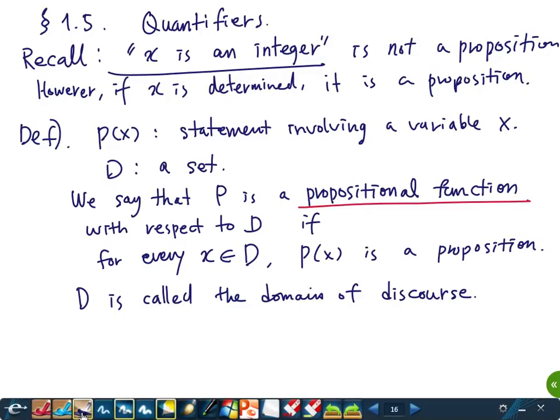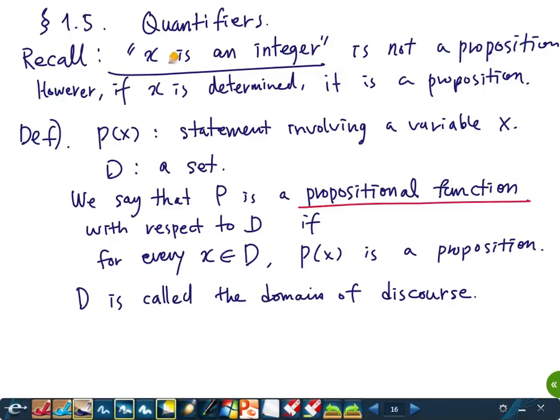It's a function. What is a function? Function means you receive something and then it gives you some value. That's what functions do. So you receive x, then it will give you a proposition.